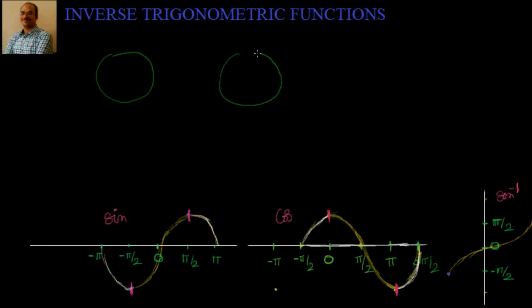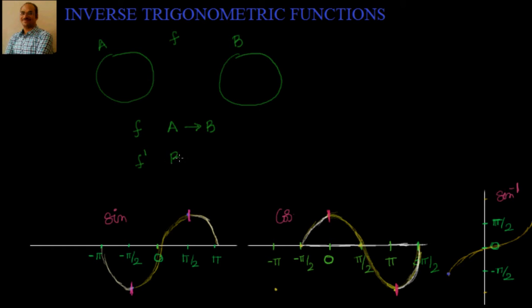Now let me say that suppose there are two data sets A and B. Now there is a function going from A to B, then the inverse of this function will exist.